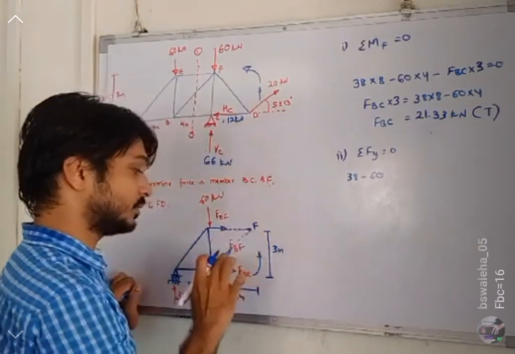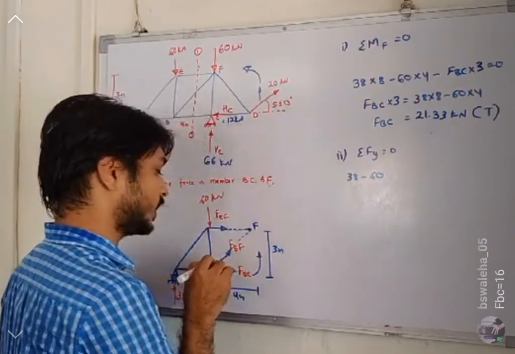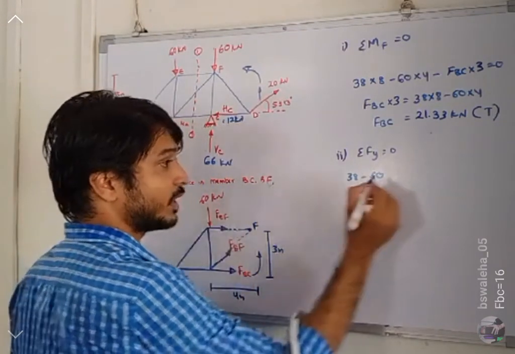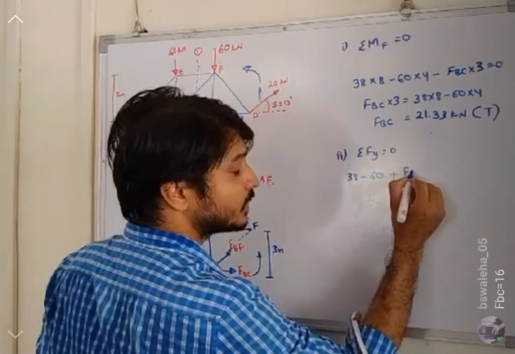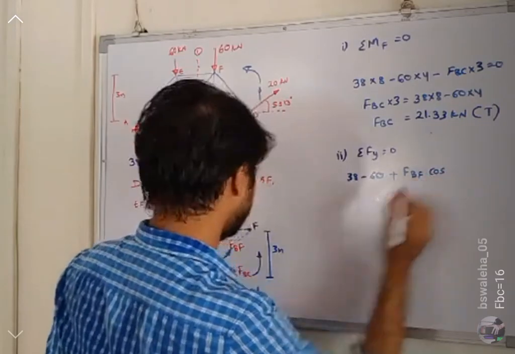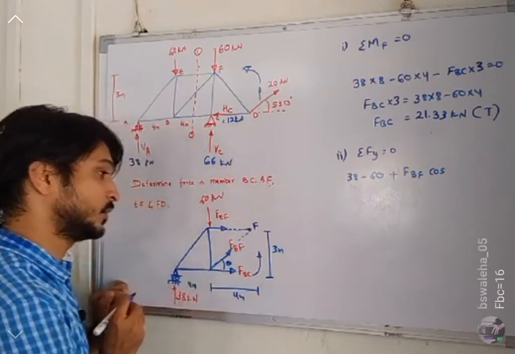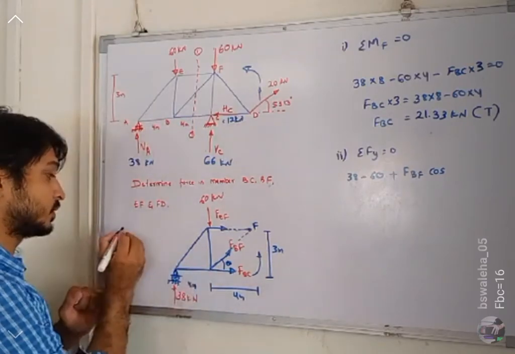Only this much, right? Then the vertical component of this will be upward, plus FBF into cos of this angle, which we need to find out. Let me call it theta.